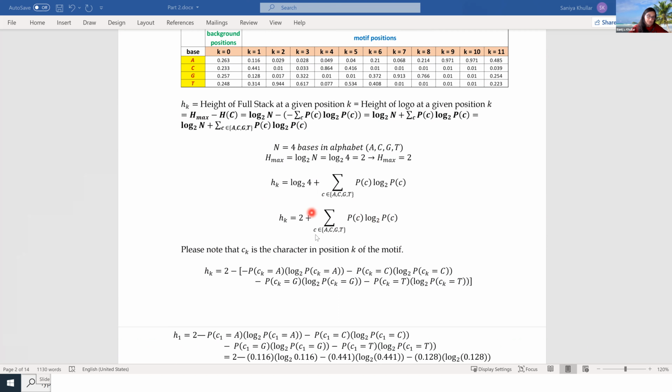So here I'm just expanding out what this part is. If we see this part here, this part is exactly what this part is over here. So this is how you get these values.